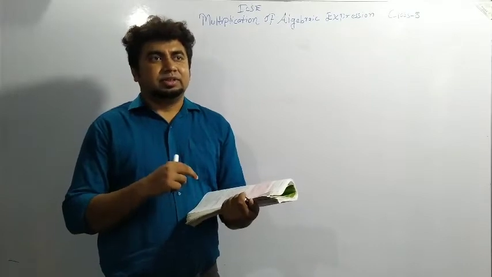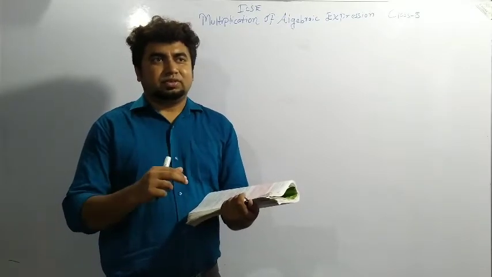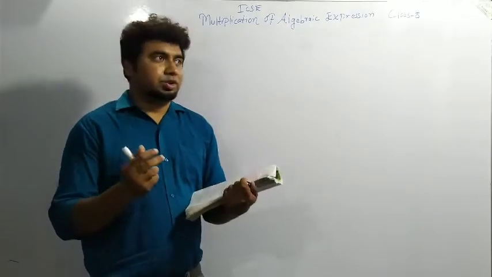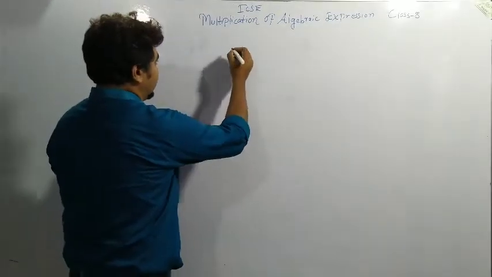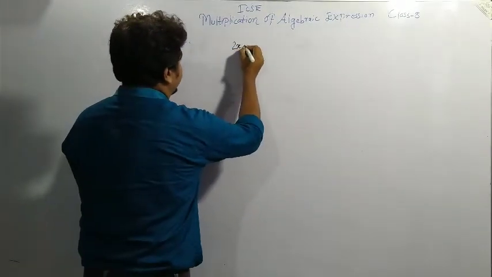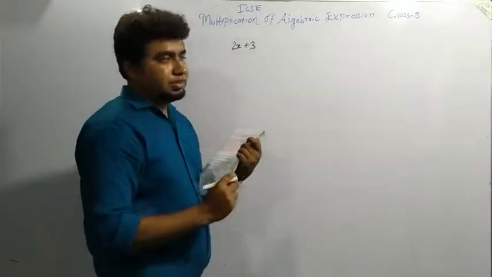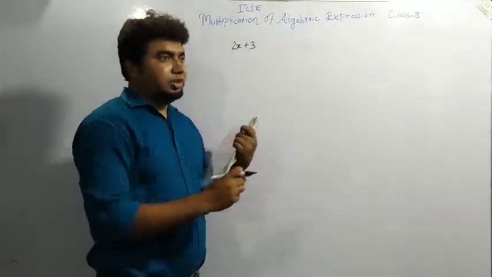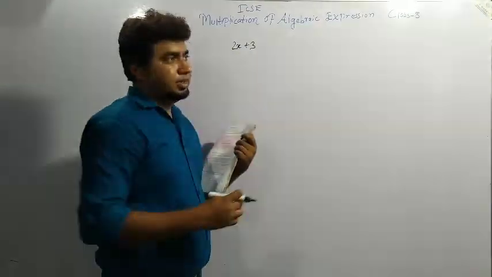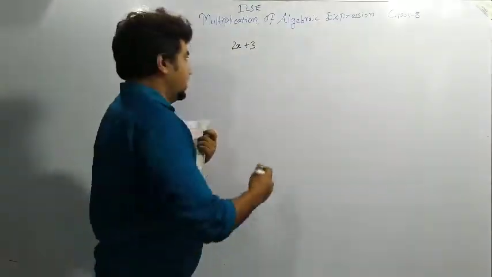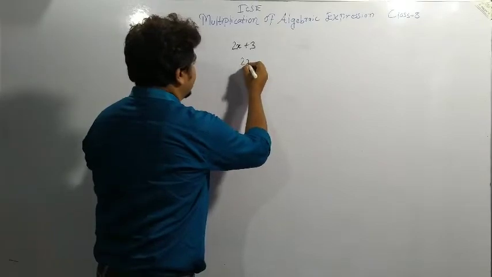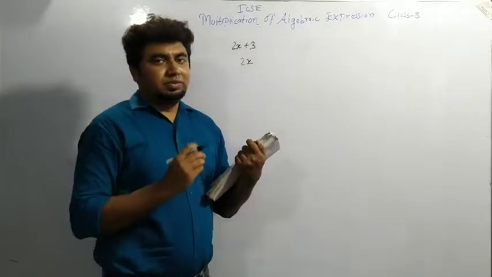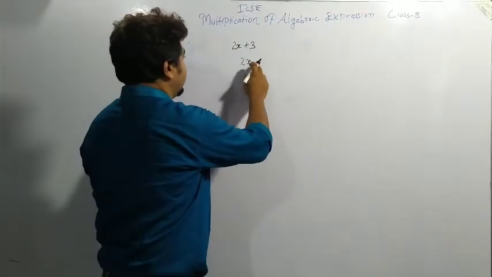Single term means there will be no plus or minus signs connecting two terms. Once again I am explaining: 2x plus 3 is a polynomial. We are able to see that two terms are there. This is a binomial. And a monomial is, if I am saying 2x, only one term is there. That's why it is a monomial.